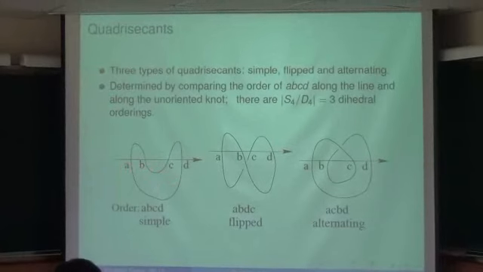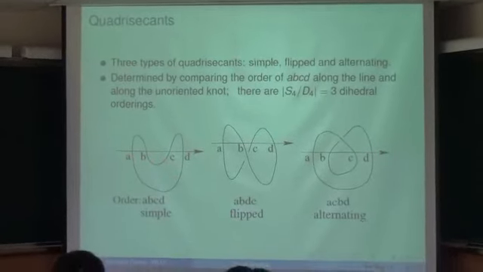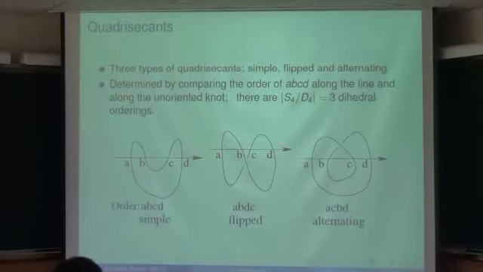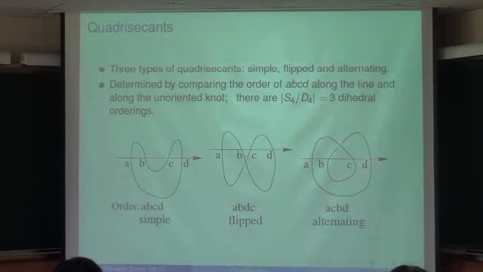In this one they match, and I'm calling that simple. And in this one, these two are flipped. So I call this flipped. And in this one here, I'm going A to C to B to D. So I'm bouncing backwards and forwards. So I say this is an alternating quadrisecant.